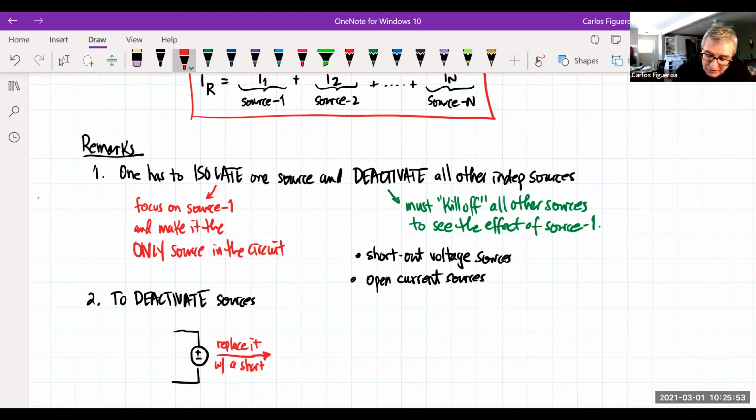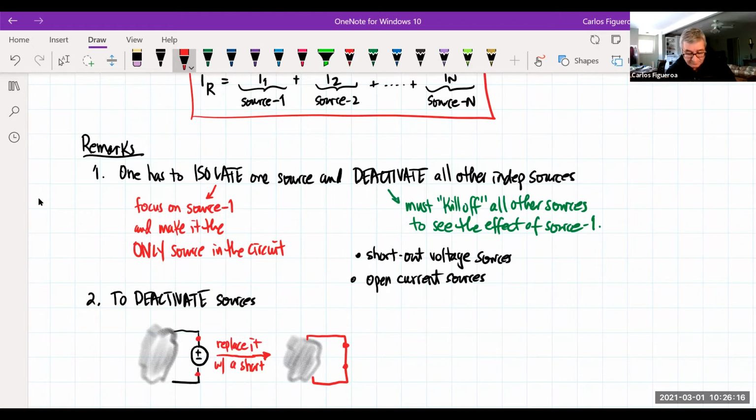So whatever the circuit is, we're literally going to come in here and put a short right where that voltage source is. So you're literally going to deactivate the source by putting a short there. And what if I had a current source? In a current source, you could imagine that I have a current source like this.